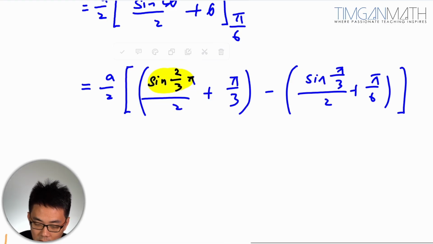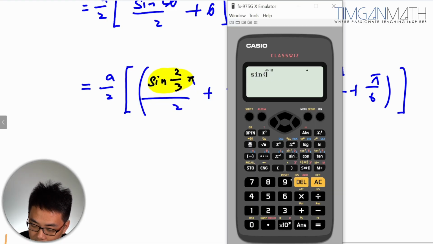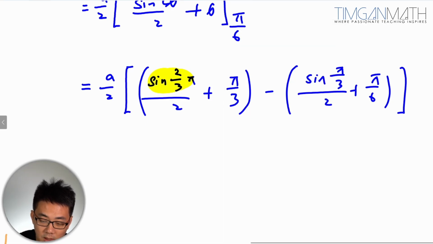Just use calculator. Sine 2/3 pi times 180, pi is 180. This is actually root 3 over 2. Okay, square it. Because you square your answer, you get 3 over 4, so this value is the root of it.